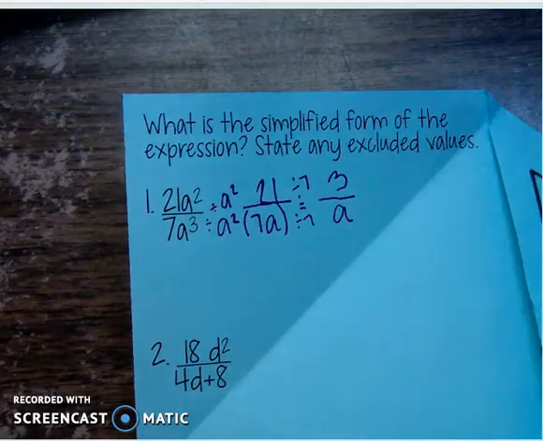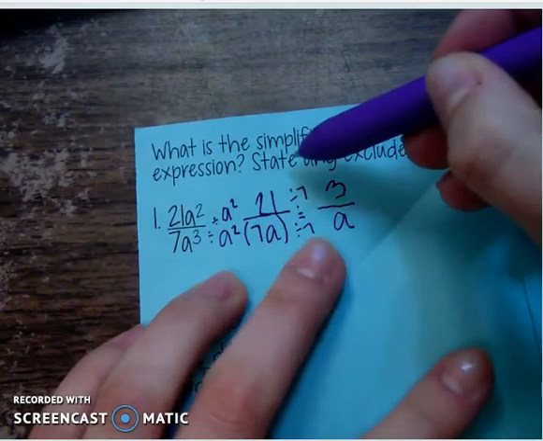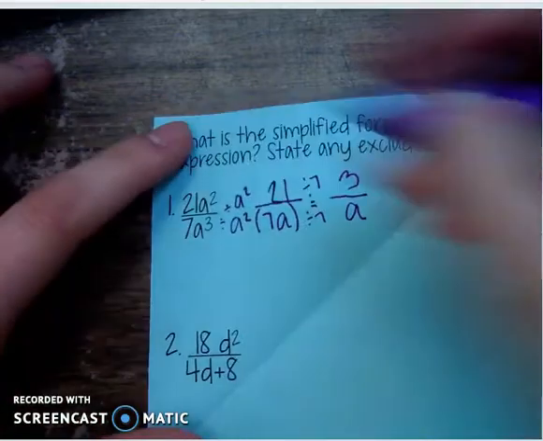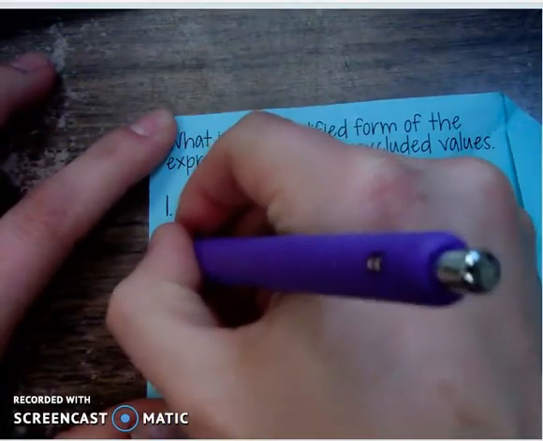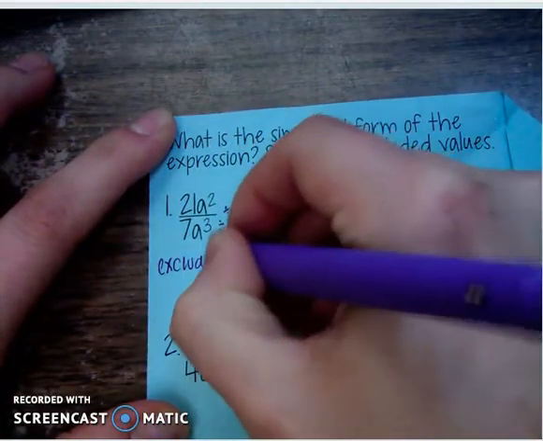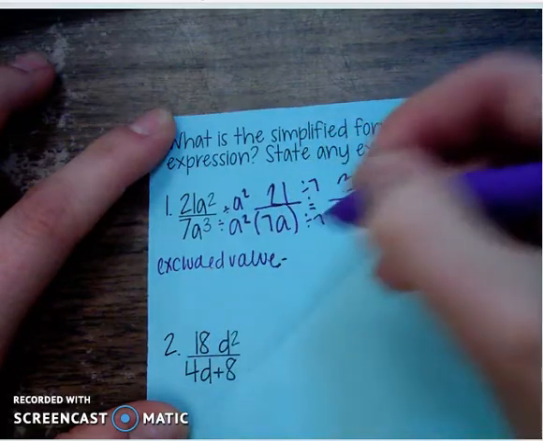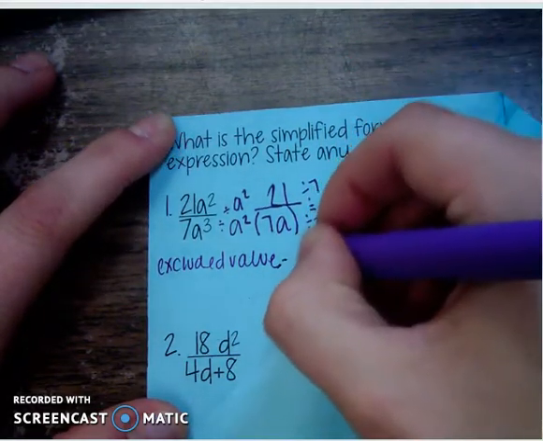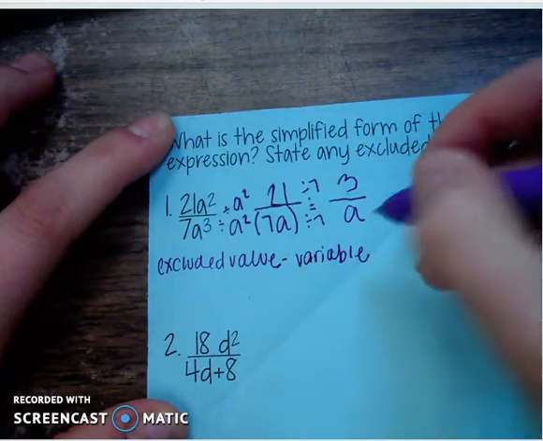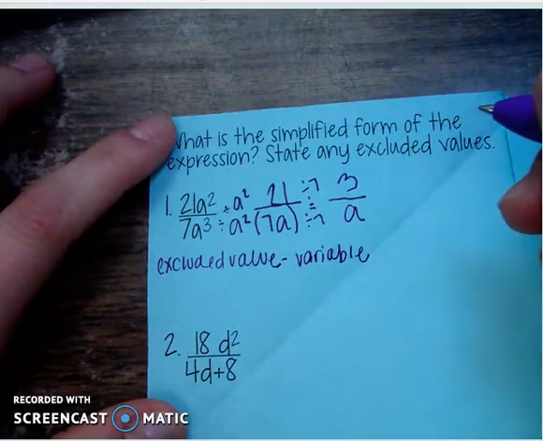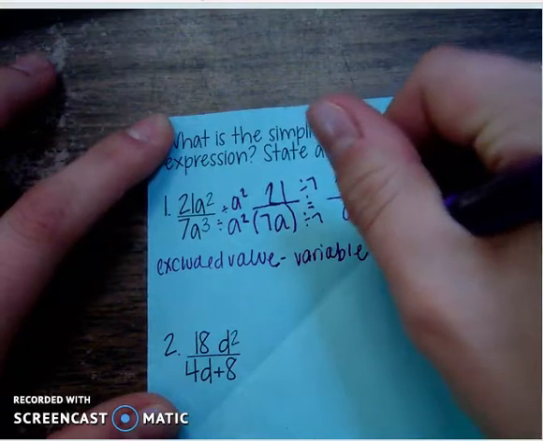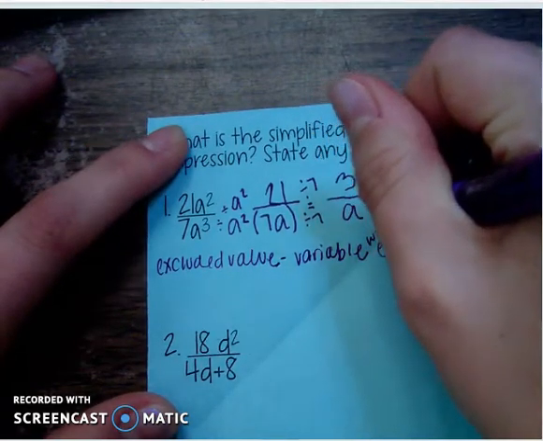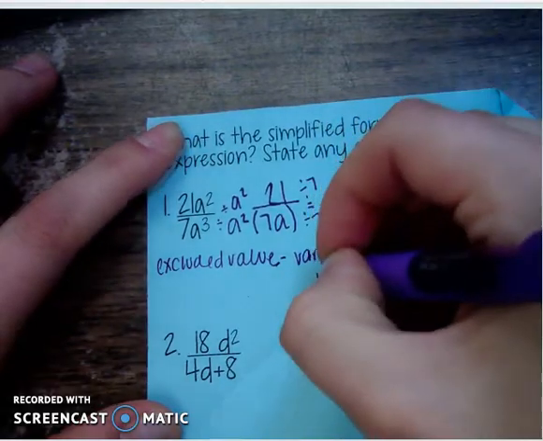Now, it says when you state any excluded values, an excluded value is a value for a variable when the expression is undefined.